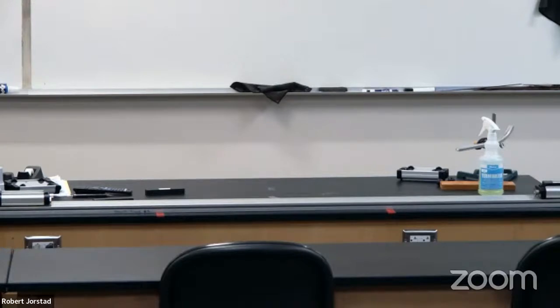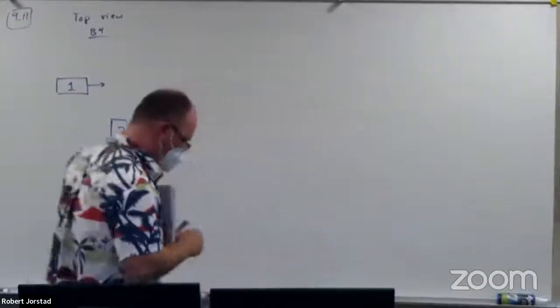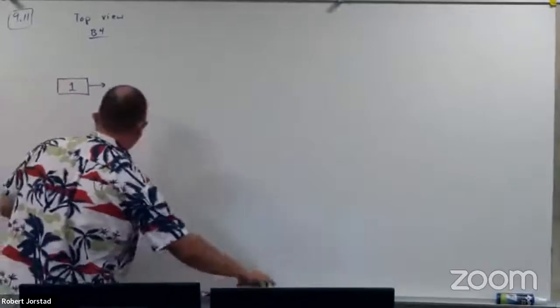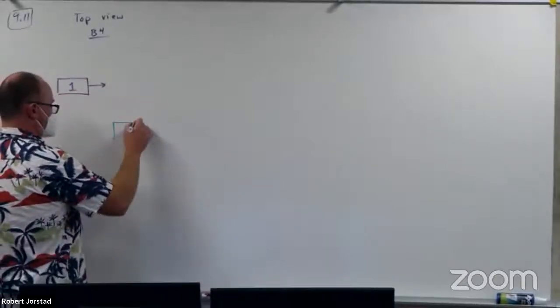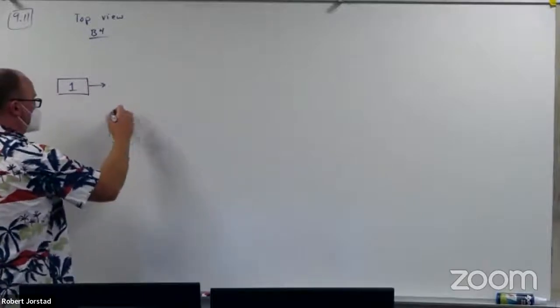Maybe I should color code that. I'll make this one blue. I don't know if the blue and purple shows up that well. Whoops, I promised I would change the camera. Sorry about that. That does not show up that well. Try green. Looks a little better, kind of faint.